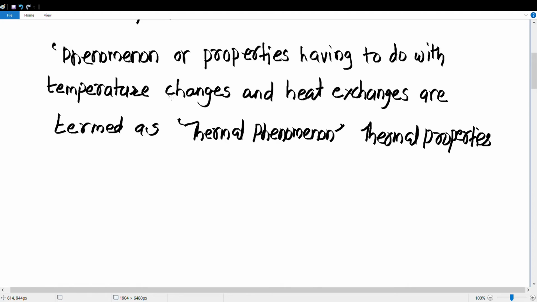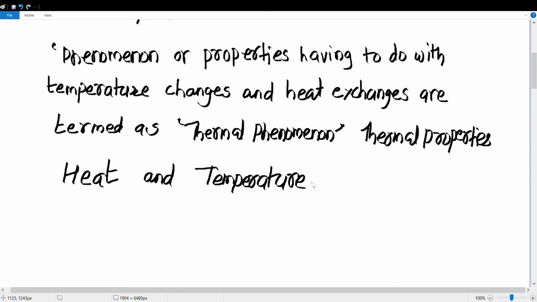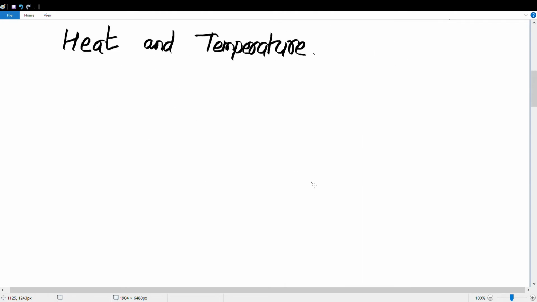Now let us introduce two terms. One is heat and the other one is temperature. Are heat and temperature the same? No, there is a difference. Now let us know the difference between heat and temperature by a simple example.